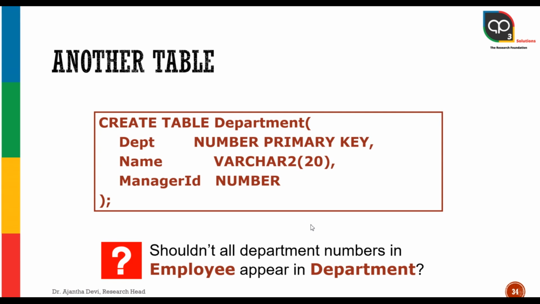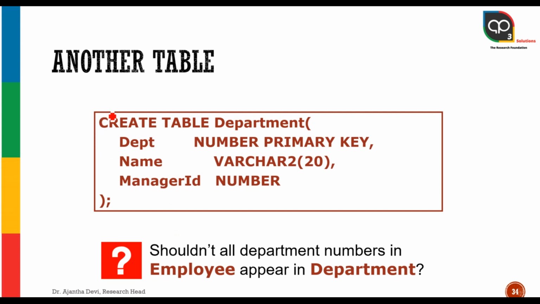Foreign key. Dear friends, this is also one among the powerful constraints that ties relational databases together. This foreign key is used to create a link between two tables. It enforces a rule that the value in one table must exist in another.